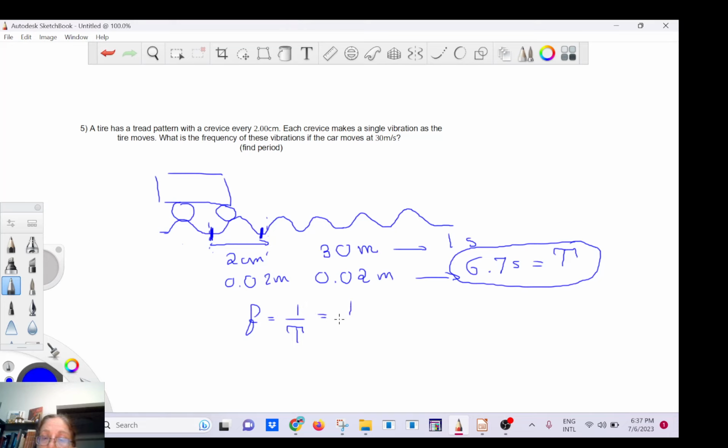So it's going to be 1 over 6.7, and it's going to be about 0.15 hertz. So that will be cycles per second.